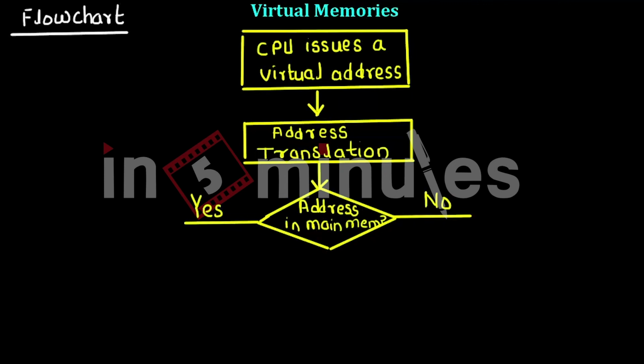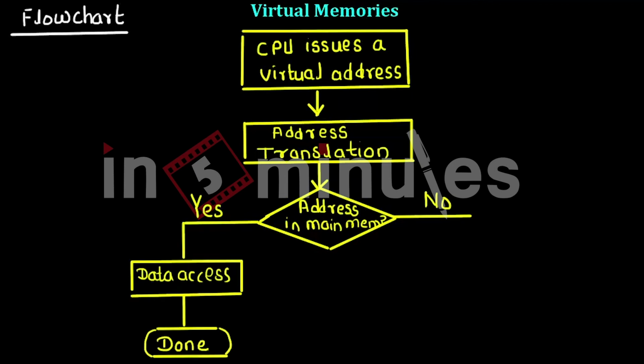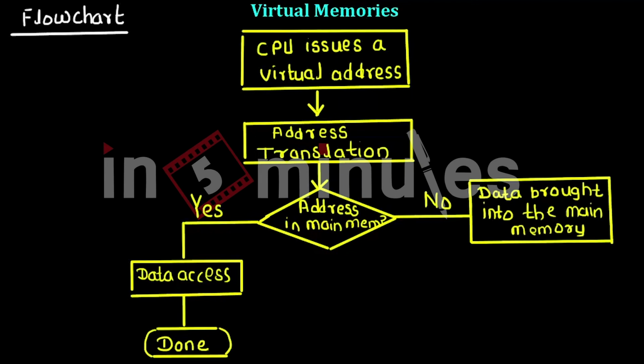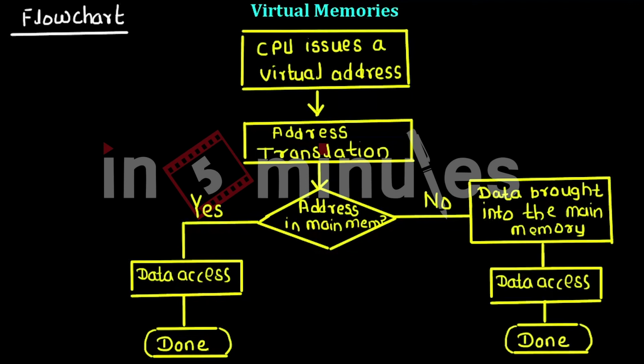If the address is present in the main memory, then the data is accessed and the operation is complete. However, if the data is not present in the main memory, then data is brought into the main memory from the secondary storage devices. This is generally done using DMA transfer, which is the fast memory transfer available between the memory and secondary devices. After the data is brought, the data is accessed and the process is complete.